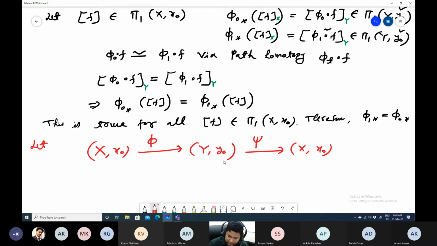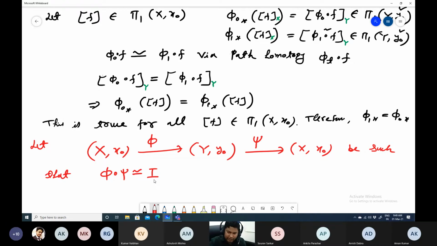Now let these maps have the property that phi composed with psi, we will say, is homotopic to the identity. Now we know homotopy of maps, right?